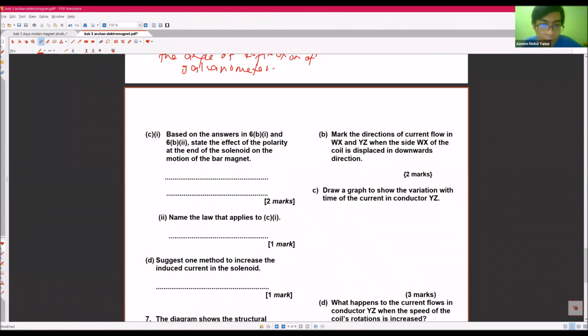So, state if the polarity at the end of the solenoid is the same as the bar magnet.